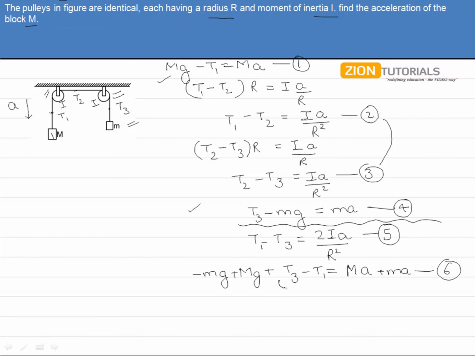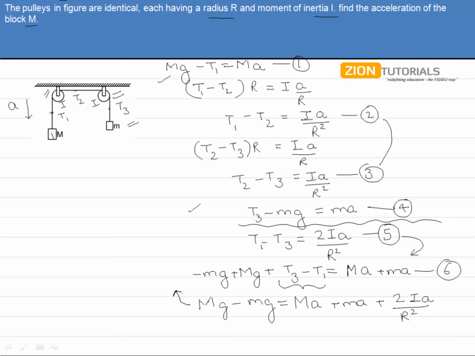Now let us put the value of T3 minus T1 from equation number 5 into equation number 6. So as we get Mg minus mg equals to Ma plus ma plus 2Ia by r square.